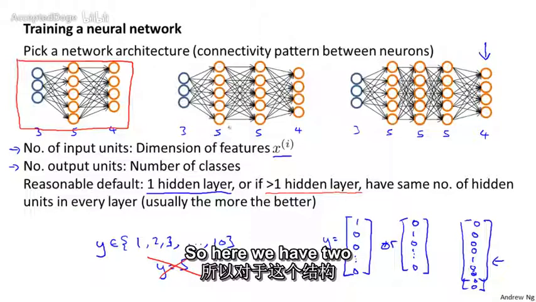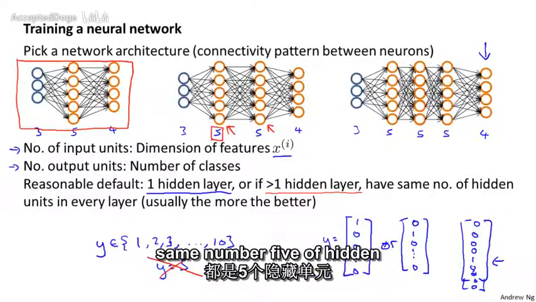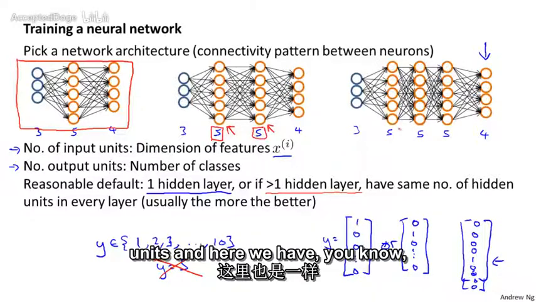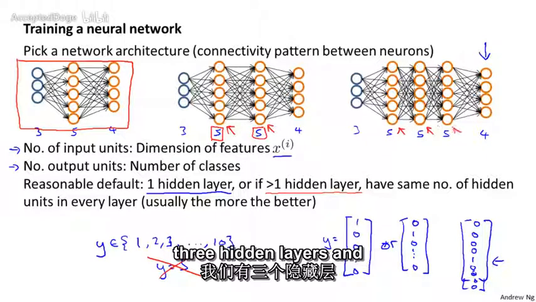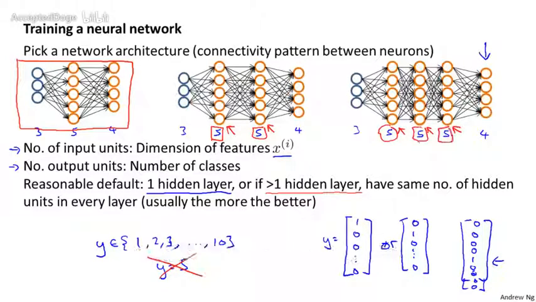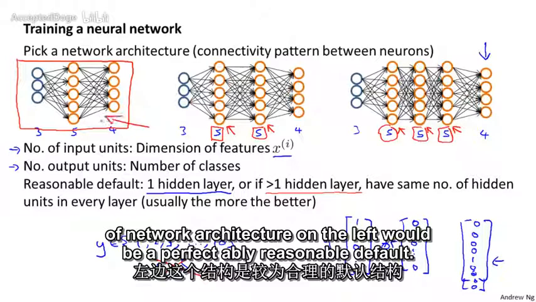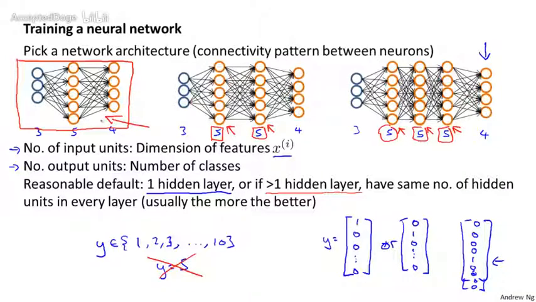So here we have 2 hidden layers, and each of these hidden layers has the same number, 5, of hidden units, and here we have 3 hidden layers, and each of them has the same number, that is 5 hidden units. But this sort of network architecture on the left would be a perfectly reasonable default.